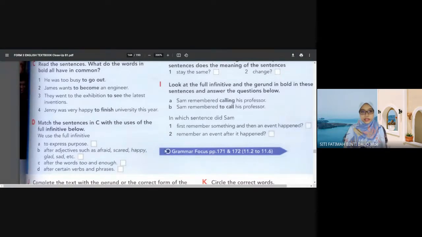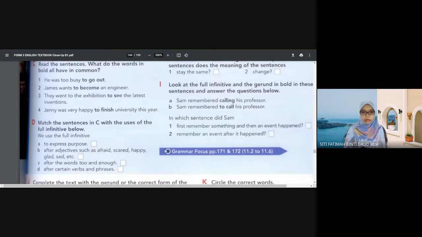They went to the exhibition, dia pergi pameran, to see, untuk melihat the latest inventions. So I think purpose is number 3 here. Tujuan dia. Okay, kenapa dia pergi pameran tu, the exhibition? To see the latest invention. Untuk tengok, okay, rekaan terbaru.